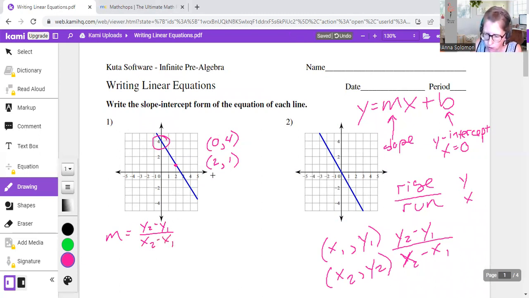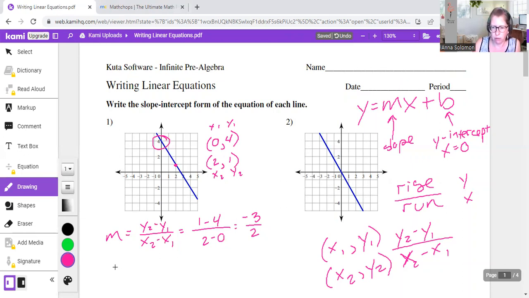I'm going to call these my 2's. So x2, y2, x1, y1, and y2 minus y1. So 1 minus 4 and 2 minus 0. So I get -3 over 2. So my slope is -3 over 2. And that makes sense. A negative slope will slant this way.